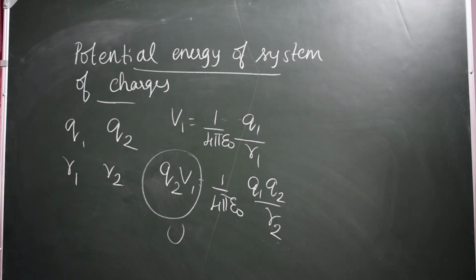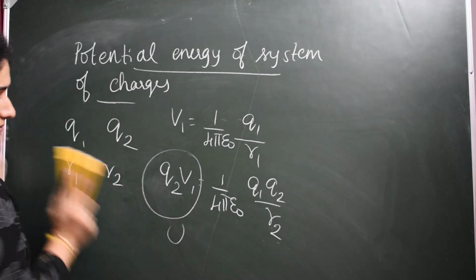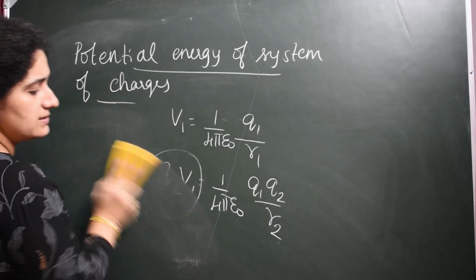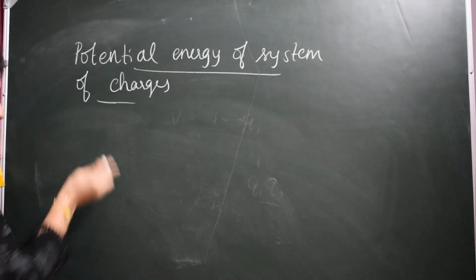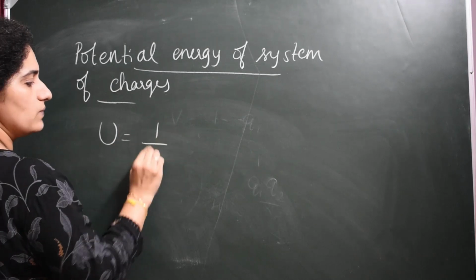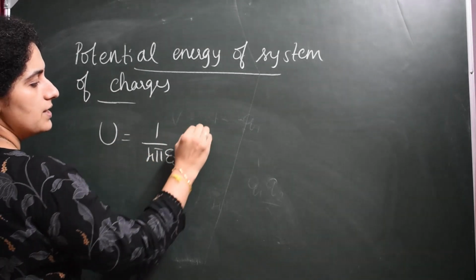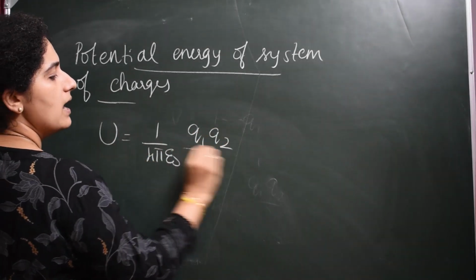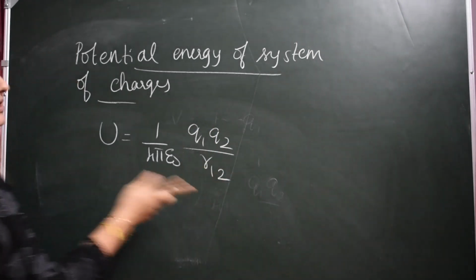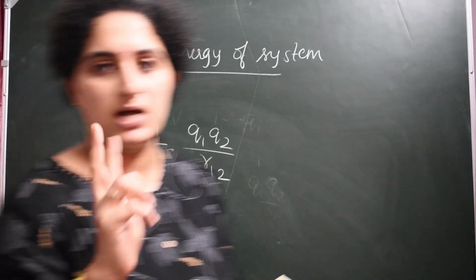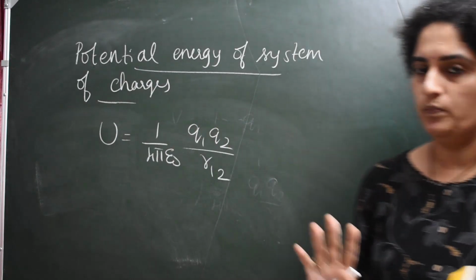Now if we consider two systems or three systems, Q1, Q2 and Q3. First, for two charges, the potential energy is 1 by 4 pi epsilon naught Q1 Q2 by R12, where R12 means the distance between the charges Q1 and Q2.